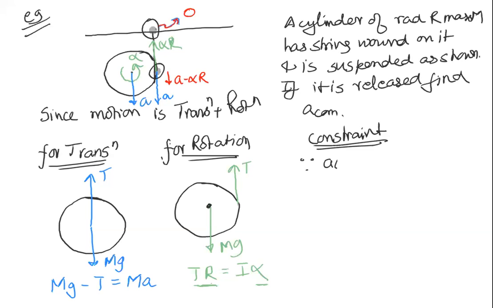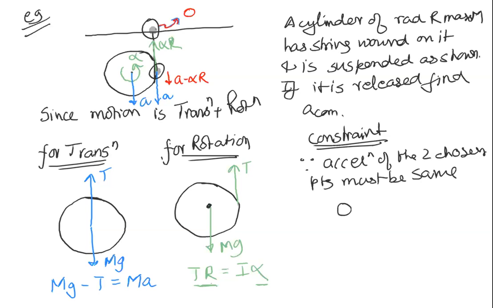Since the acceleration of the 2 chosen points must be same, we get 0 is equal to A minus R alpha. So A is equal to R alpha. Now again notice that there is centripetal acceleration of the lower point, but it plays no role because it is perpendicular.